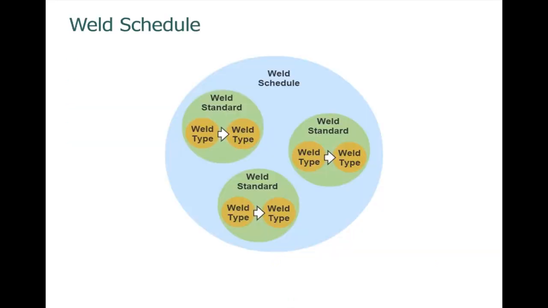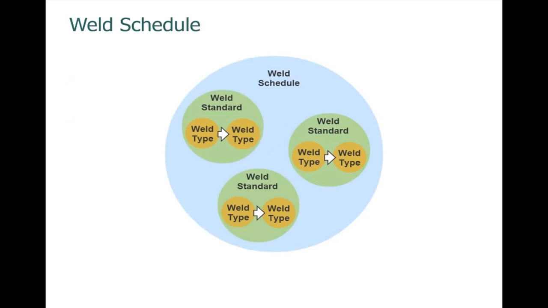Before I dive into the actual setup of the project, I'm just going to give you a little bit of an orientation for what the goal is when we're setting up our project. Our main objective is to set up our weld schedule, and this is where we outline the types of welds that can be assigned in our project based on a number of criteria, generally the location of the weld in the ship, as well as the types of members being welded and the size of those members.